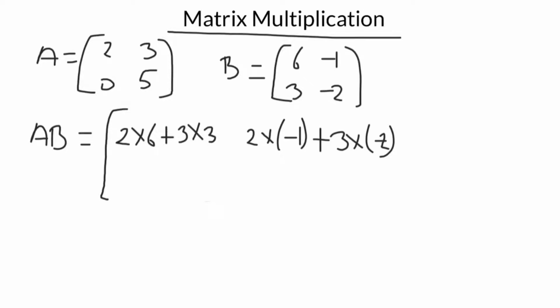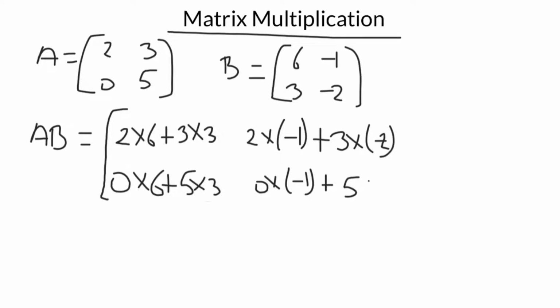For the third element, we are going to do 0 times 6 plus 5 times 3. And for the last element, we are going to do 0 times minus 1 plus 5 times minus 2. So this is the resultant matrix after multiplication.